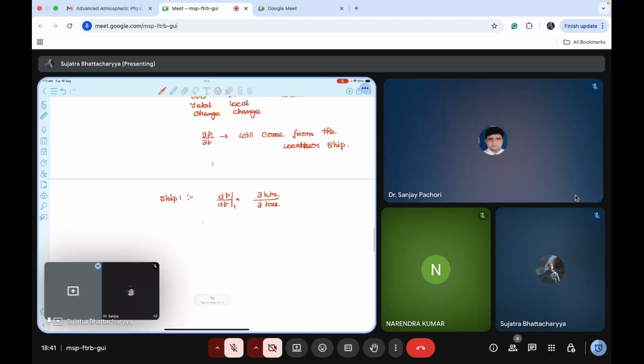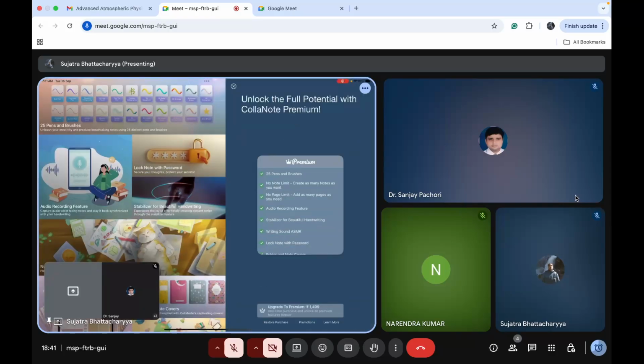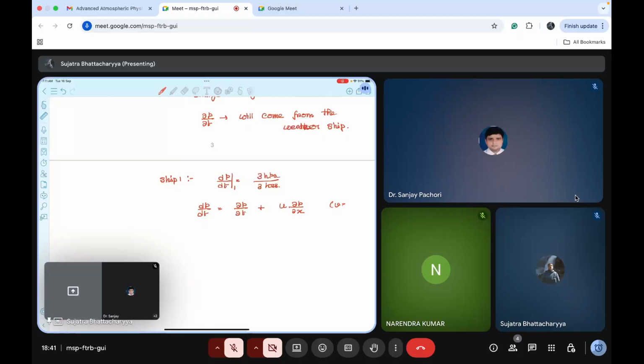It will be dP/dt equal to ∂P/∂t plus u ∂P/∂x, because ship 1 has moved only eastward, not in y. So v is 0. So this becomes 3 hectopascals by 3 hours.